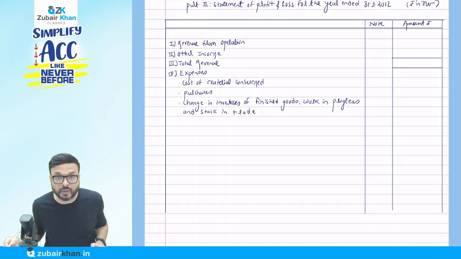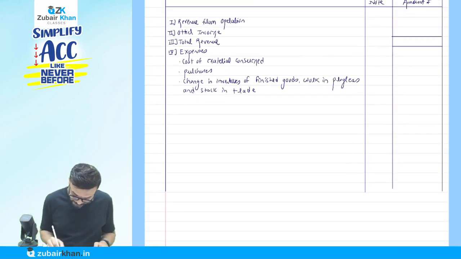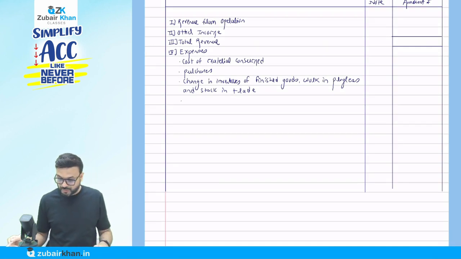Change in inventory of, what is change in inventory? Opening minus closing, okay. Then we will write it down. Have you written cost of material consumed, purchases, change in inventory of finished goods, WIP, and stock in trade?